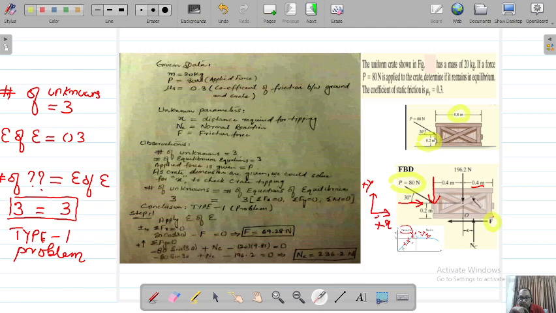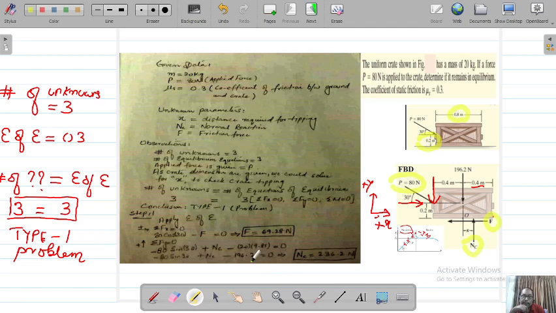Then the weight is in the opposite direction, so we write minus 196.2 equal to 0. So we calculate the normal reaction. Out of the three unknowns, we have now calculated these two.